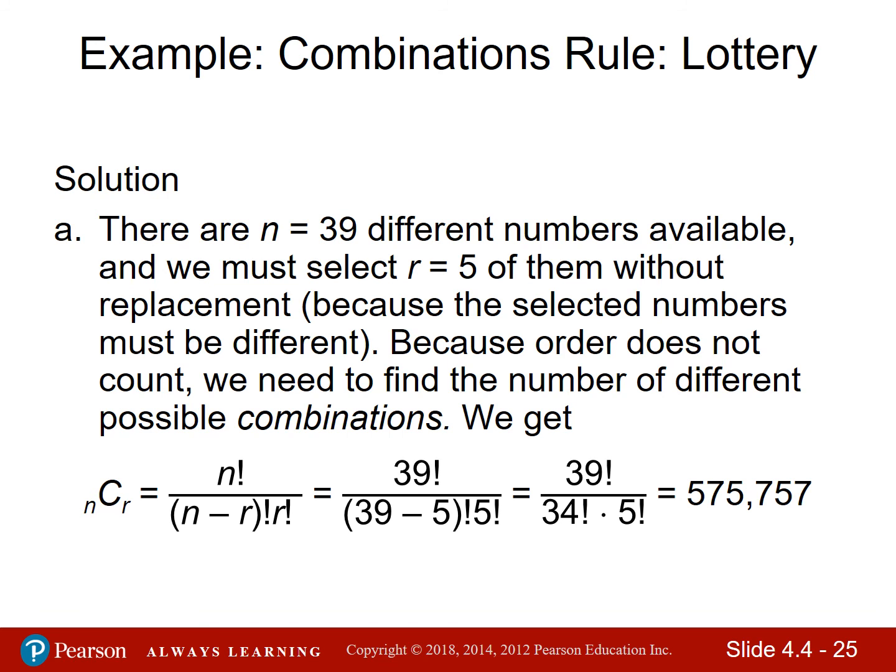An easier way may be to find what factorial 39 is. If you have a scientific calculator, you enter the number 39 and press factorial and write that down. Then you do factorial 34 and write the result, then find factorial 5, and multiply those two results at the bottom.